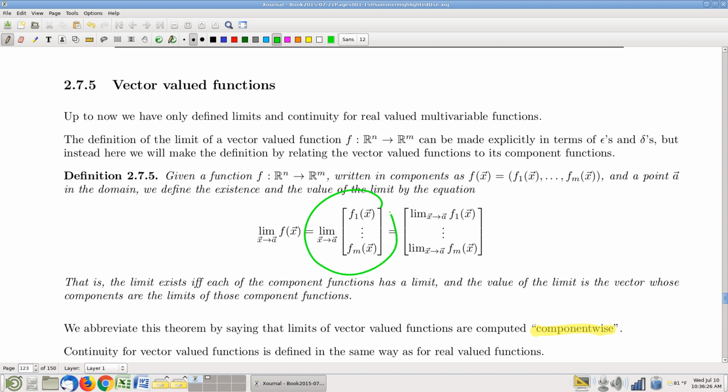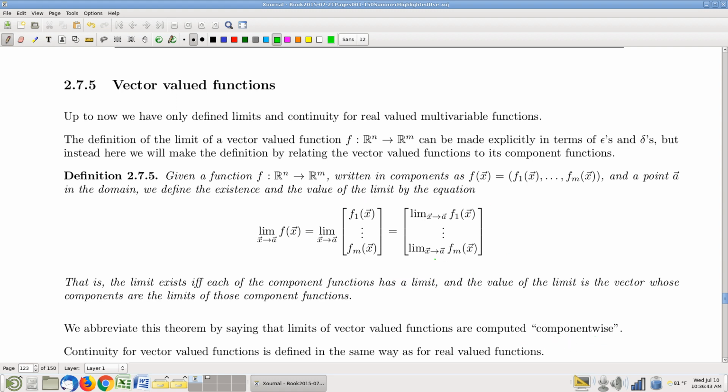The limit of a vector-valued function is the vector of the individual limits. In other words, you can compute limits component-wise, one component at a time. I think that's pretty believable.